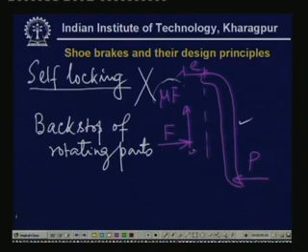Now, this friction force, if the drum moves in the clockwise direction, earlier it was anti-clockwise, then we have this friction force in that direction, mu F. So the entire analysis changes, and whenever it becomes self-locking for the counterclockwise situation, it cannot become self-locking in the clockwise direction of rotation, and if it is non-self-locking in the clockwise direction, it may or may not be self-locking in the counterclockwise direction.